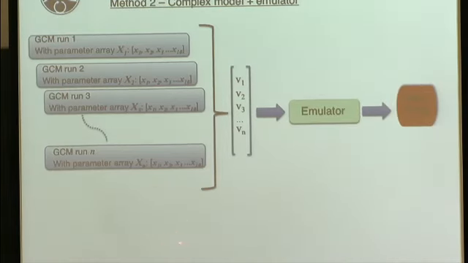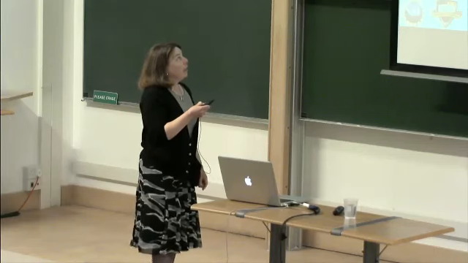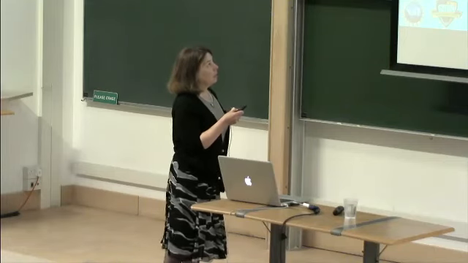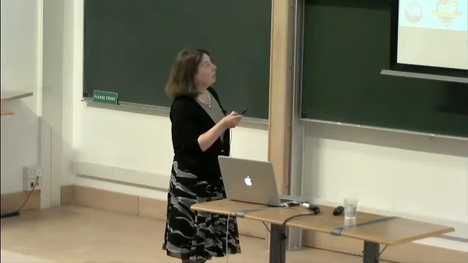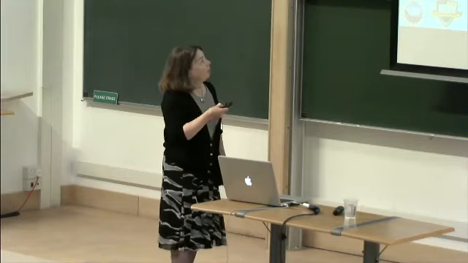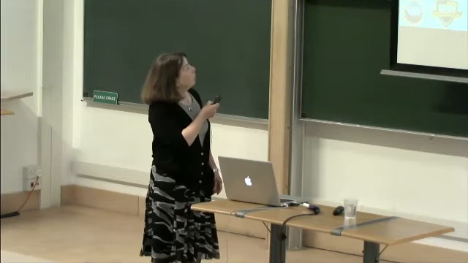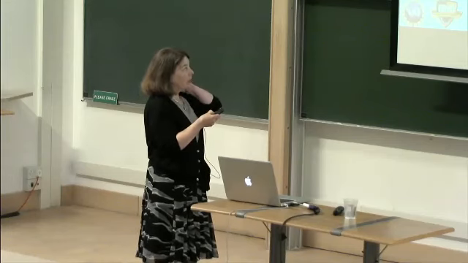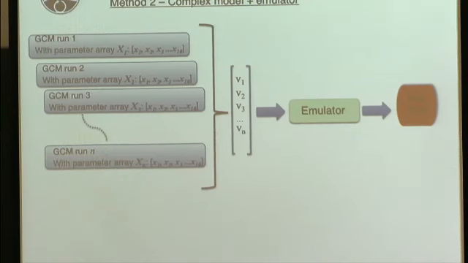So instead of using a Monte Carlo type method, you look at a complex GCM plus this thing that statisticians call an emulator. Again, we have a set of GCM runs with this vector x that we're going to vary, producing a set of outcomes v, and this emulator will then be used to create this PDF.